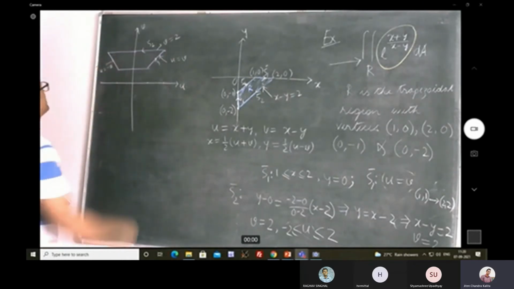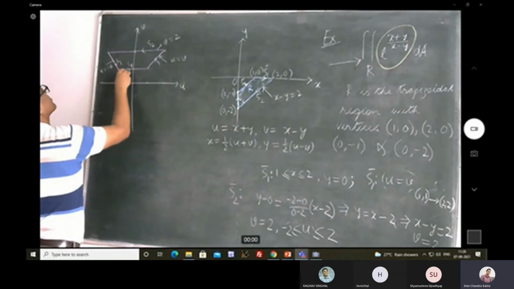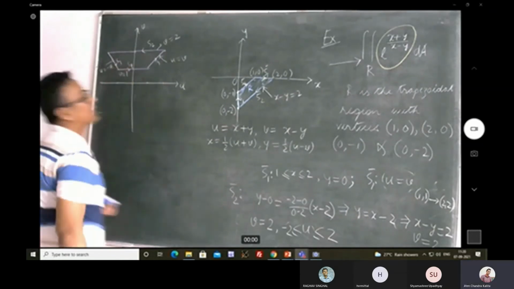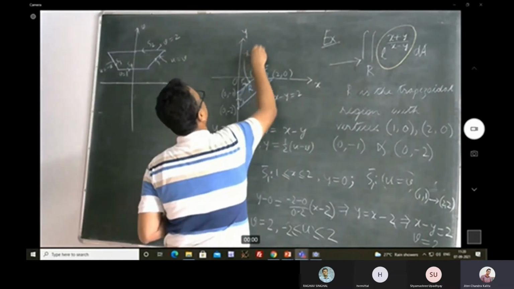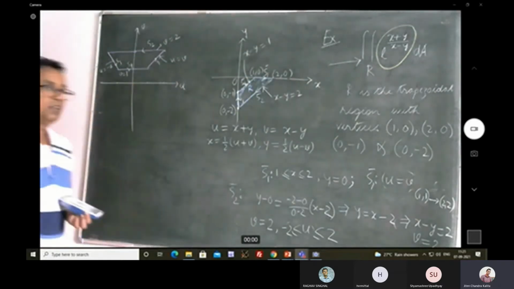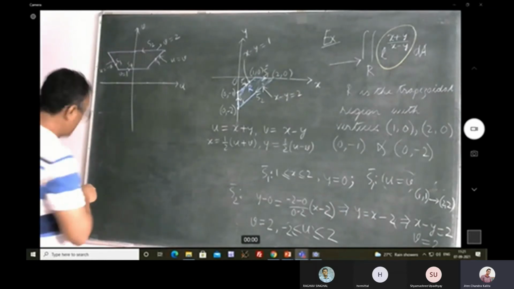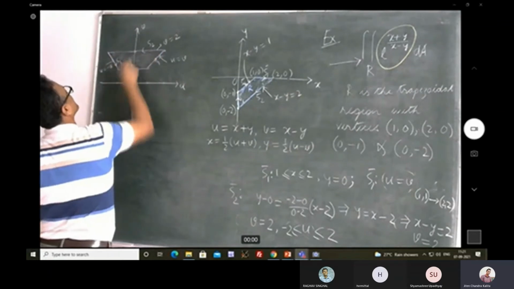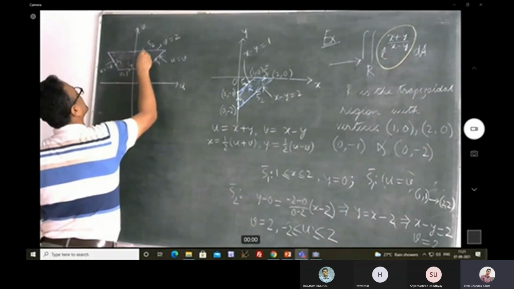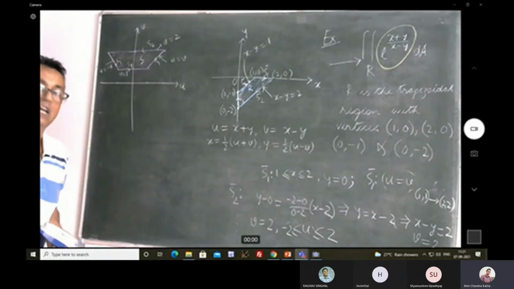Okay, and this S4 is going to be v equal to 1, because this straight line is going to give you x minus y equal to 1. Is it okay? Fine. So we have found out the region here in the UV plane, and let me call it S. Fine. We have everything at hand now.